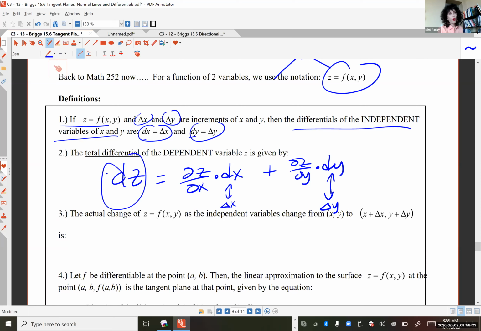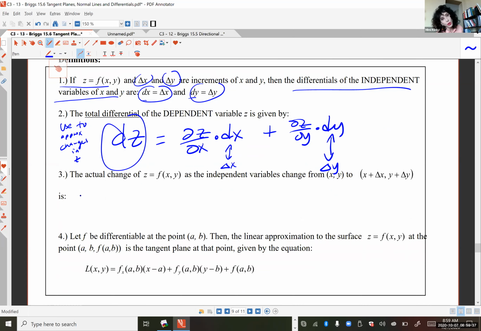What do you use this for? You use it to approximate changes in z. It's a pretty good tool to use for approximating. Now the actual change in z is the actual altitude change, because z coordinates give you the altitude corresponding to a point.